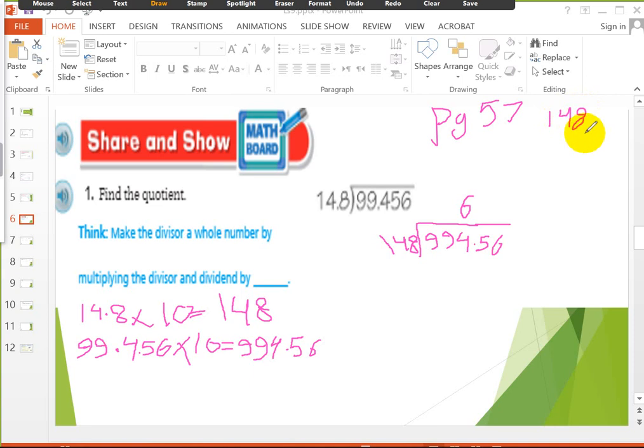148 multiplied by 6. 6 multiply 8 equals 48, so it will be 8 here and 4 above the tens. 6 multiply 4 equals 24, plus 4 equals 28, sorry.